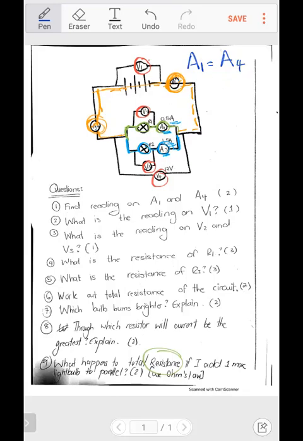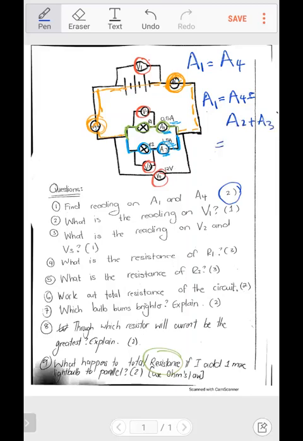Which means, how are we going to find this? It's out of 2 marks. So that means there's a little bit of a calculation involved. We said before that current splits in a parallel connection. So if I take the current through this branch on the top, plus the current going through this branch, I should get the total current of both these ammeters. So I can say A1 is equal to A4 is equal to, I'm just writing it here at the bottom because I don't have space, A2 plus A3.